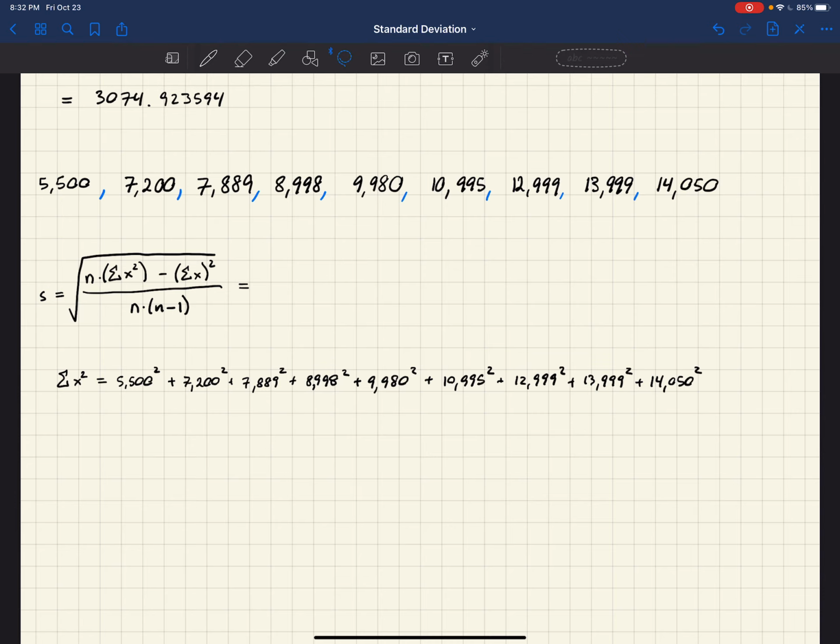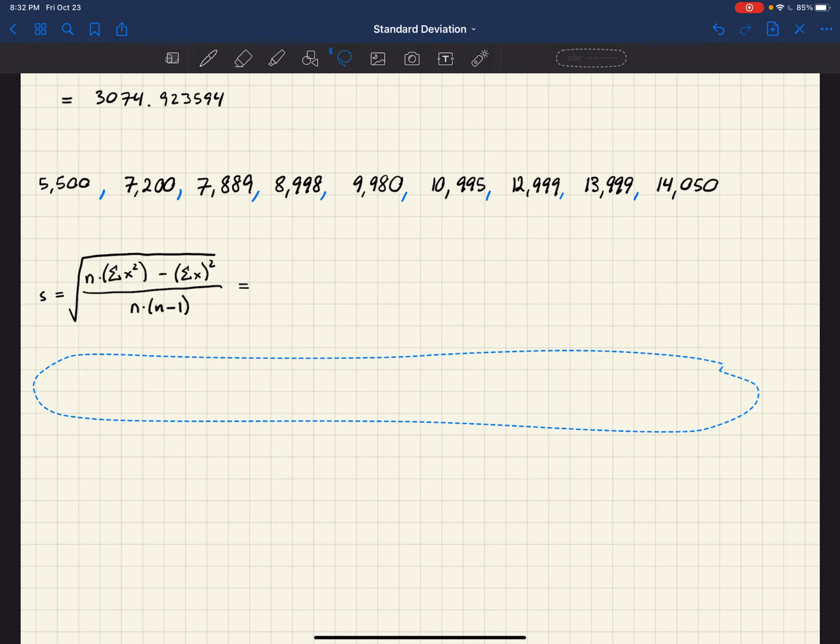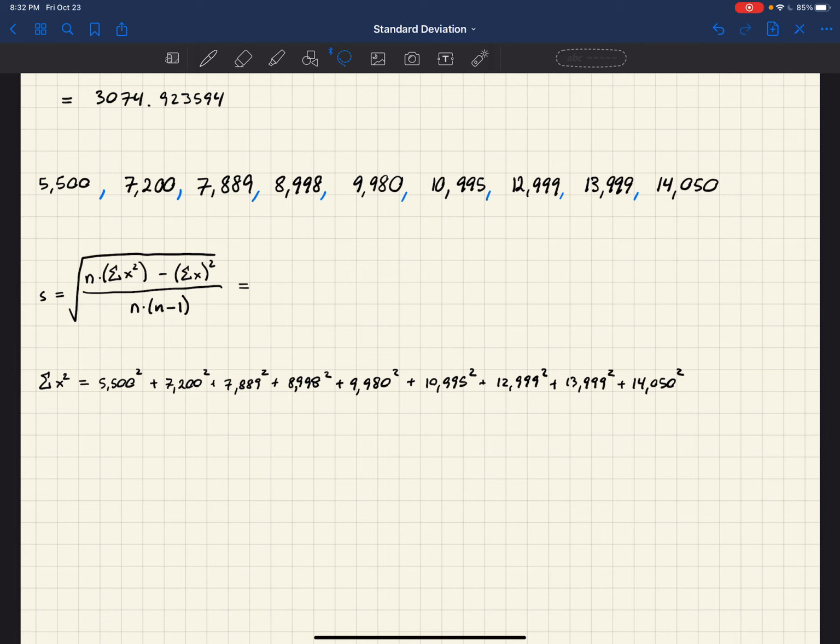Now, let me warn you, these are large numbers to begin with, and squaring these numbers is going to make them significantly larger. So our result for this sum of the squares is this ginormous number.